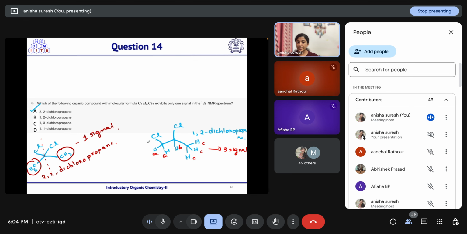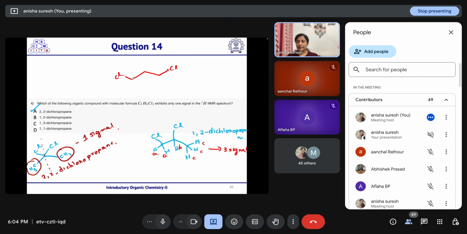Yes, ma'am. Since this is not a symmetrical molecule and all the hydrogens are in different chemical environments, they will be exhibiting three separate peaks, where this will be of two protons, one proton, and three protons respectively. And when we consider the case of 1,3-dichloropropane, so this is 1,3-dichloropropane.